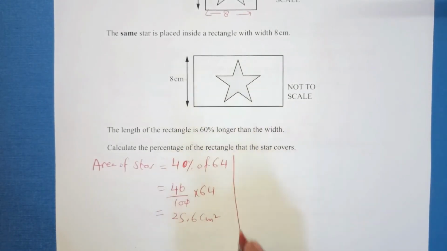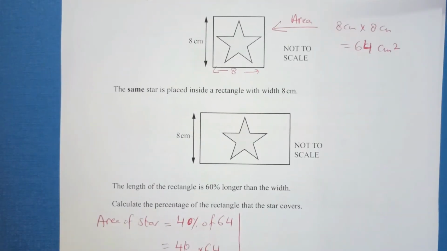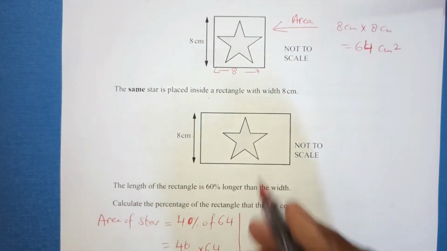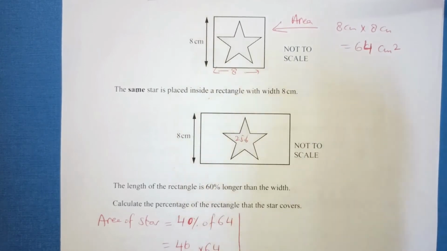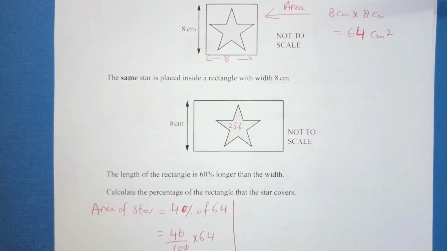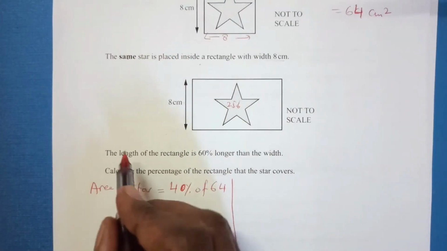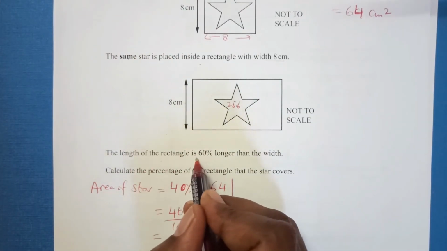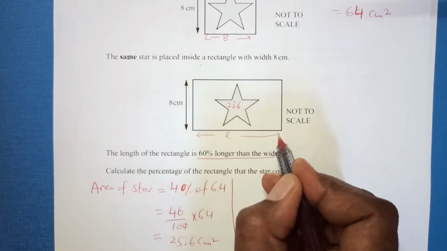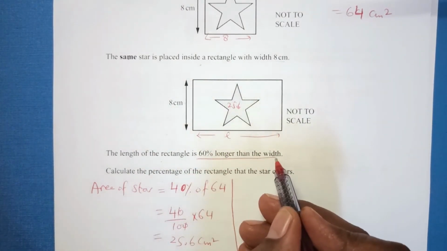Now the second part. The same star is placed, so this area is the same, 25.6, in a rectangle with a width of 8 centimeters. The length of the rectangle is 60% longer than the width.